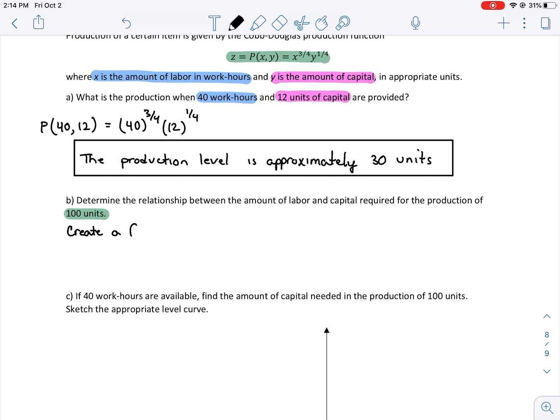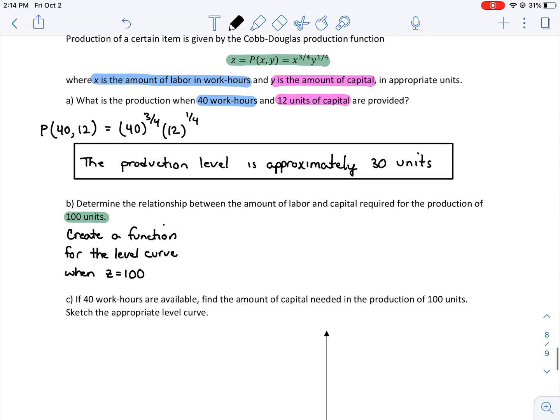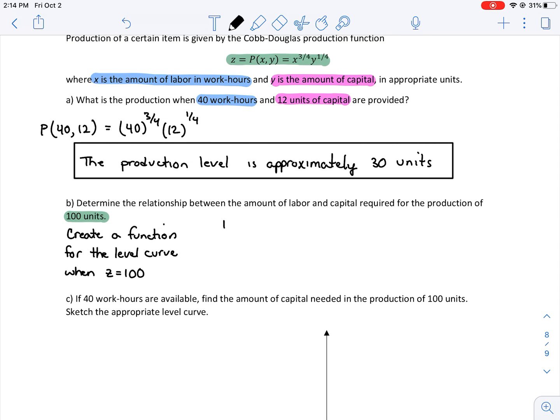So we're going to create a function for the level curve when z is equal to 100. So I'm going to substitute 100 in for z.